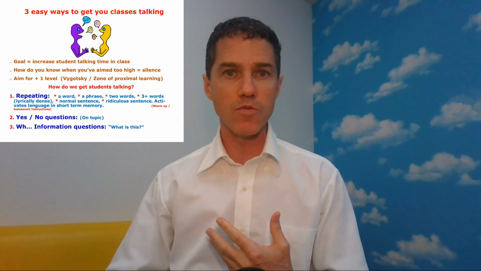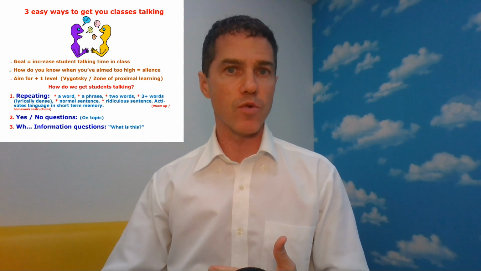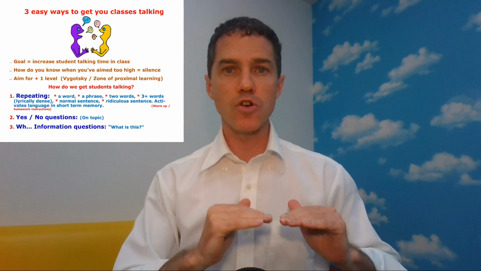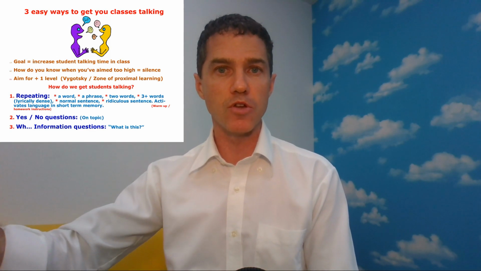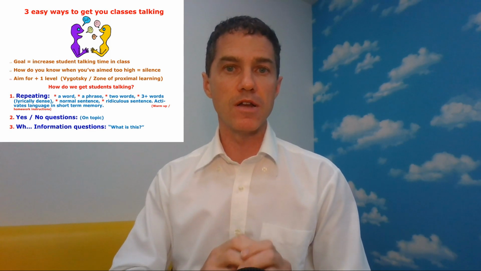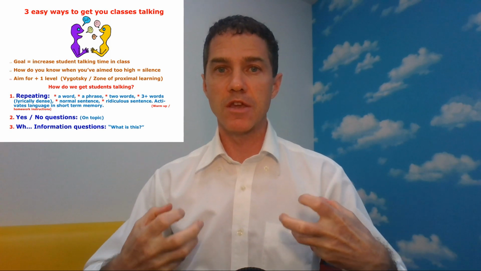You forget who you're working with sometimes, and you ask too hard of a question, and you get silence back, and then you just need to scale it back and maybe build up from some easier questions, and then you probably will be able to go back in and ask your WH question that you wanted to ask to begin with. But anyway, this is just a framework to go from easy to middle to hard so that you can get your classes speaking. And not just this mindless memorization of answers, but speaking and truly communicating with you, because I think that's where we really all want to be.